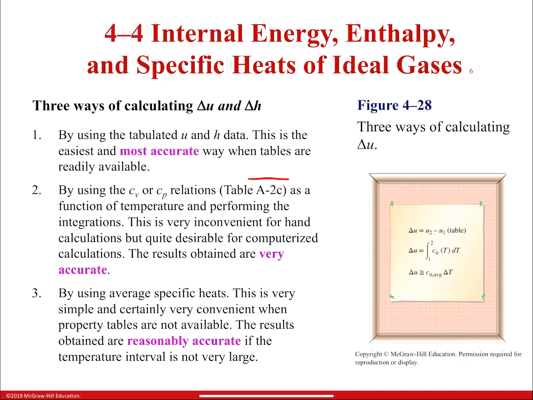This is very inconvenient for hand calculations, but quite needed for computerized calculations, and the results are very accurate. And then we have simply using an average of specific heats, remembering that we use a T average. This is very simple and certainly very convenient when property tables are not available. The results are close to accurate if the temperature interval is not very large.